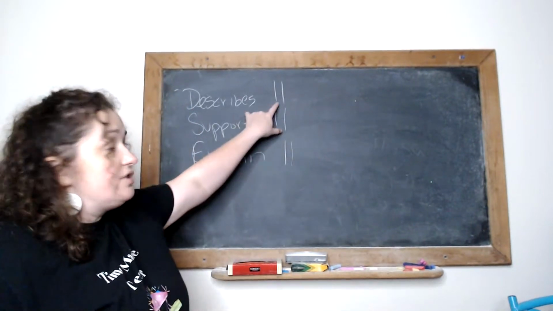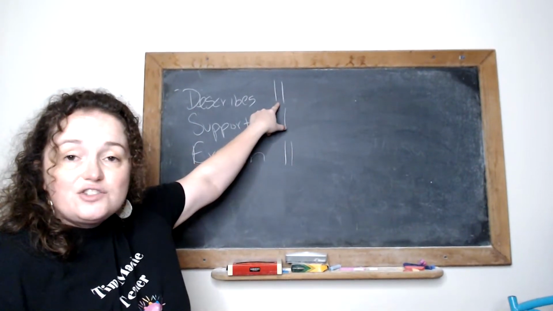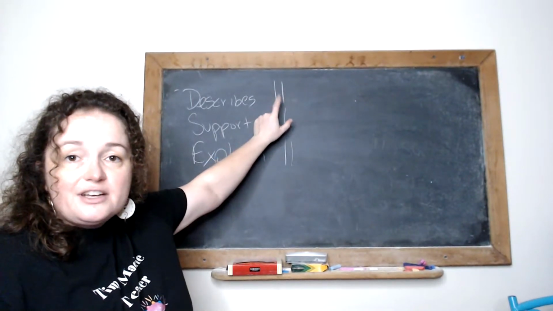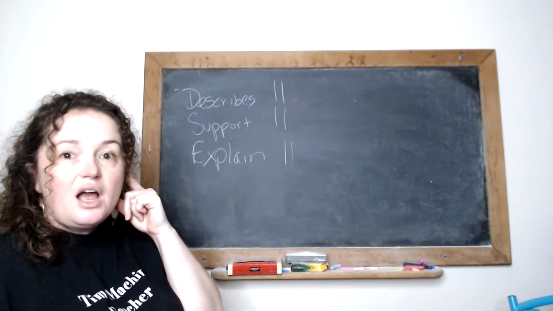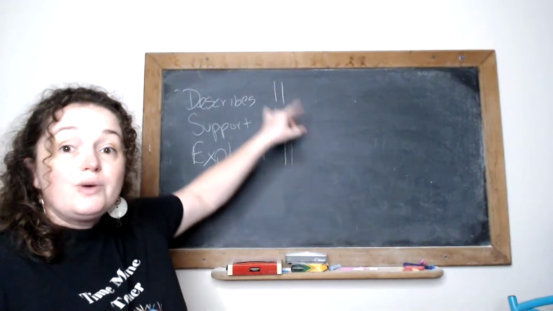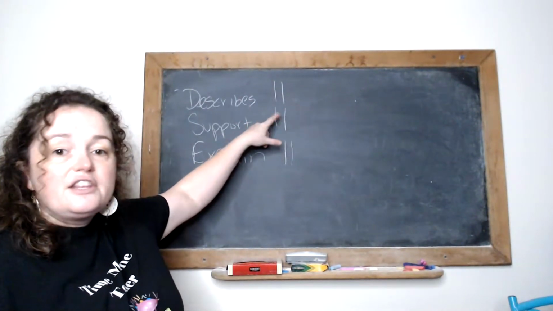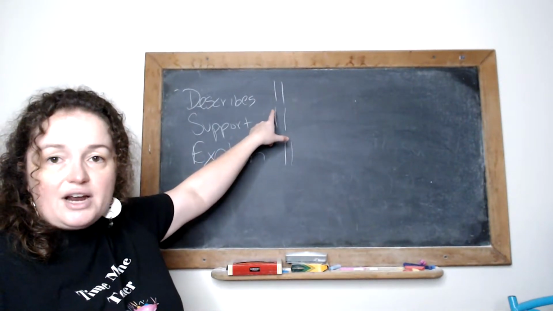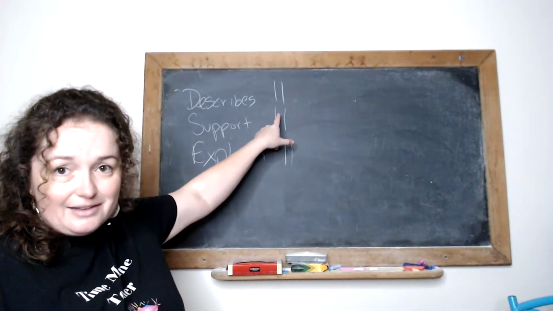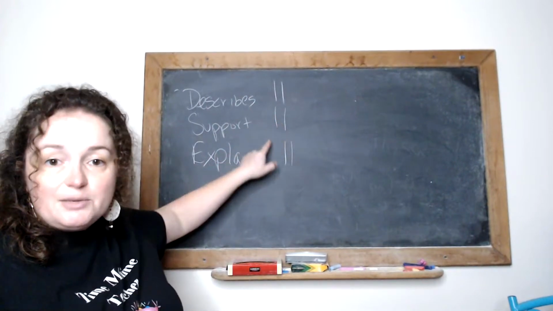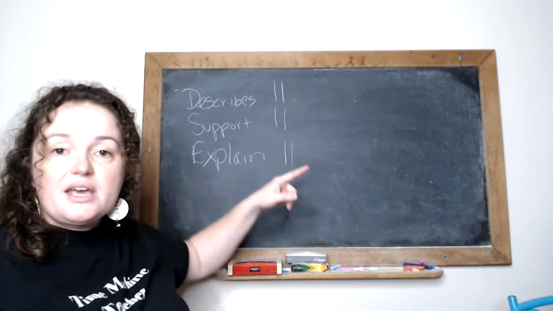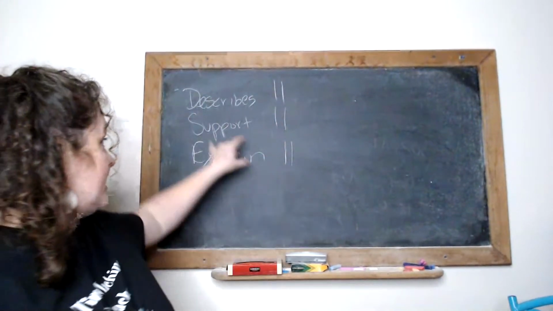Now, we have our two describes. So what I would suggest at this point, look at the clock and be like, okay, I have 20 minutes left. Do I have time to put an extra describe? If you have 20 minutes left, then sure, write one more describe. If you got 10 minutes left, then skip the describes and keep writing the supports, right? Because you want to be able to get these points.